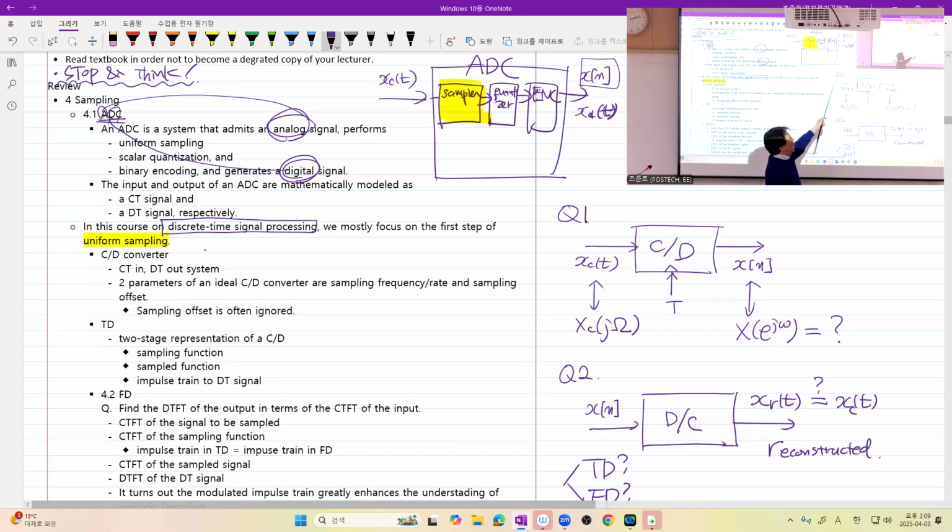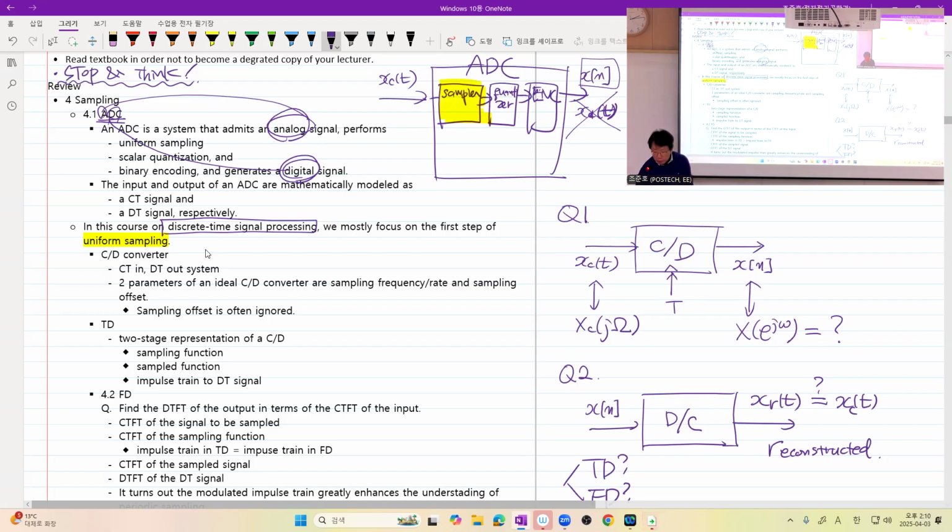So it could be a line encoder. In that case, the output is actually an analog continuous time electrical signal, but having some 0 volts or 5 volts, something like that. However, when we study here, we model the output of ADC as a discrete time signal. Got it? So that is also very confusing, but we have to admit.